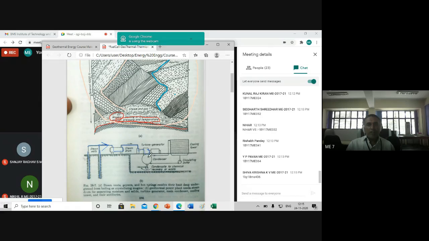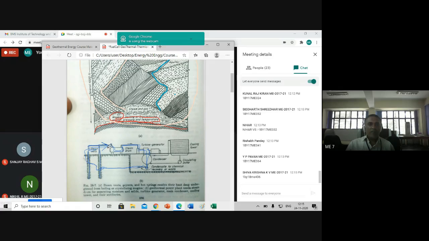From the turbine, it goes to the condenser. From the condenser, it is condensed. That can be connected to here, then again it can be recycled. Like this is the path of the flow of the steam.